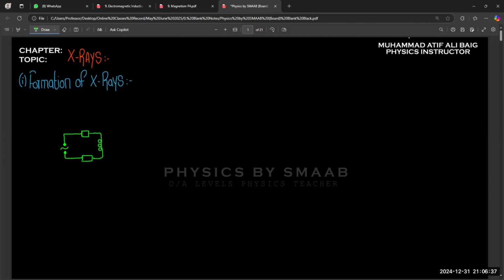So we have an AC source connected with it, right? Okay. And this material is a heated filament, and we use electricity to heat this filament, right? Okay. Yes. And this side also acts like the cathode.